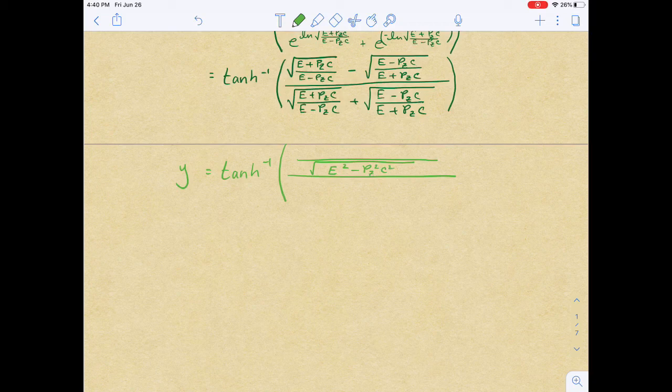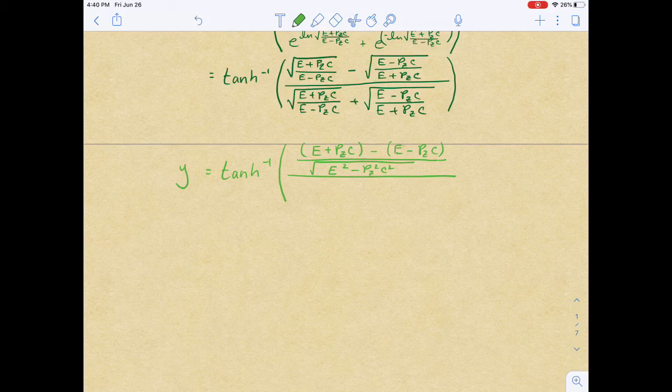Now you might be already thinking that looks very familiar, but we will talk about that later. But for now, let me just simplify it here. Minus e minus pzc. The square roots are gone because I am multiplying the denominator with the numerator and the numerator with the denominator, like this.